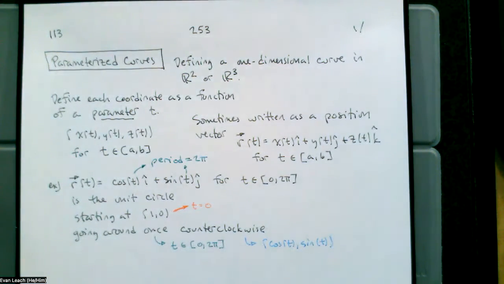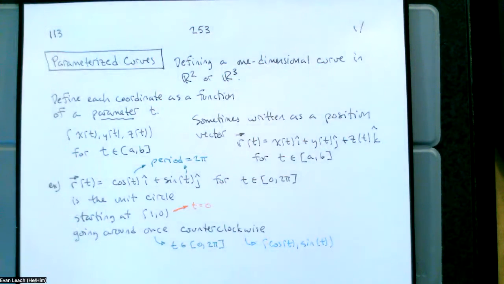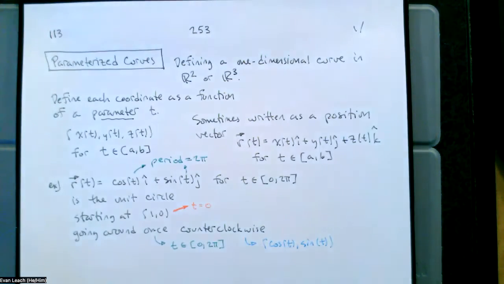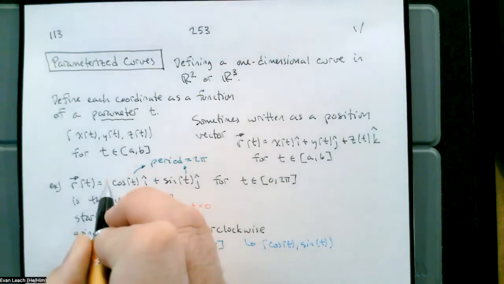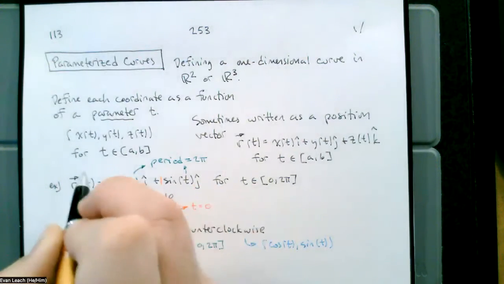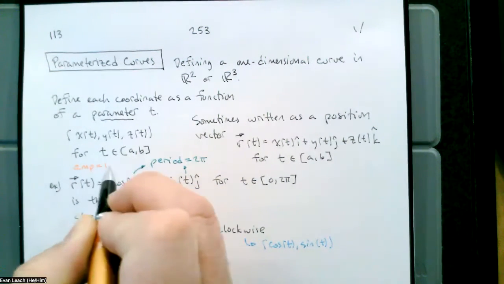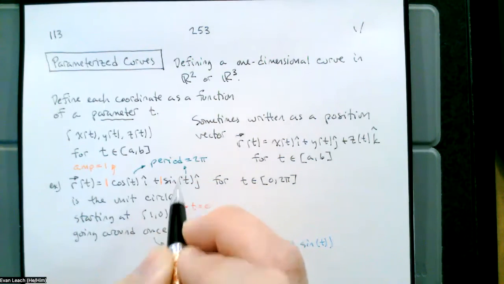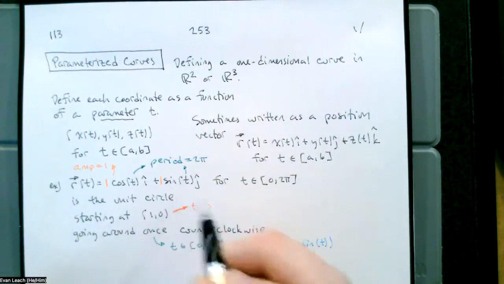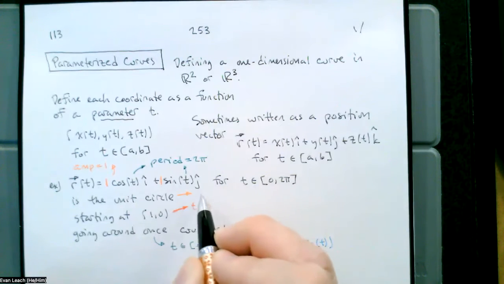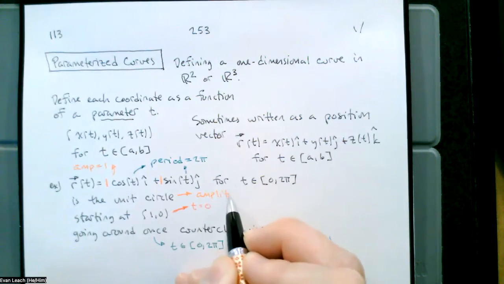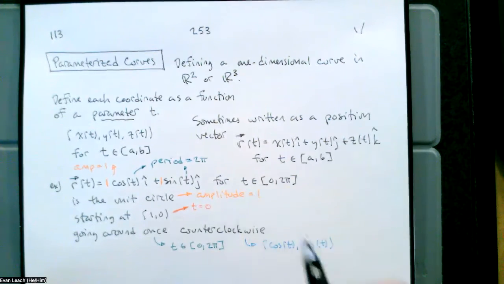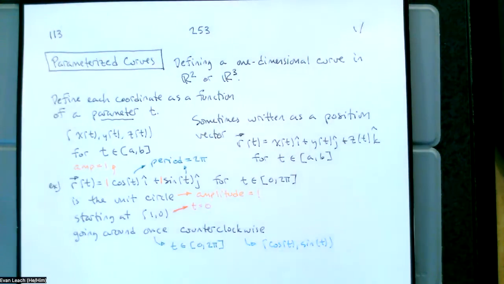The unit circle is because the amplitude of our cosine and sine is equal to 1. So that's giving us our radius.